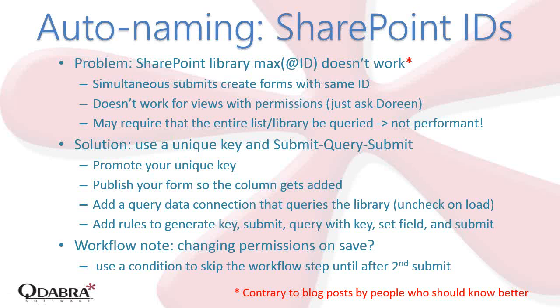In addition, if you've got a view that has permissions on it, or it's not showing everything, it won't work because it won't get the max ID. It'll get something else. And I want to thank Doreen for bringing this up in the forum last week. And thirdly, it's going to pull everything down from your library when it gets the max ID anyway. So if you've got a really large library, it's just not performant.